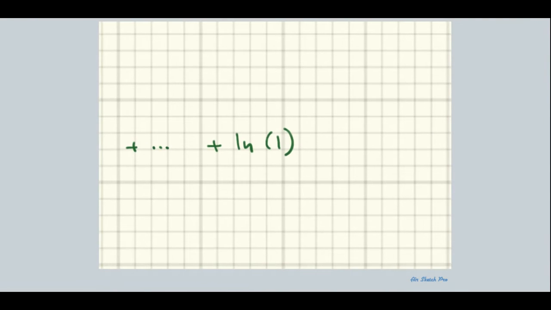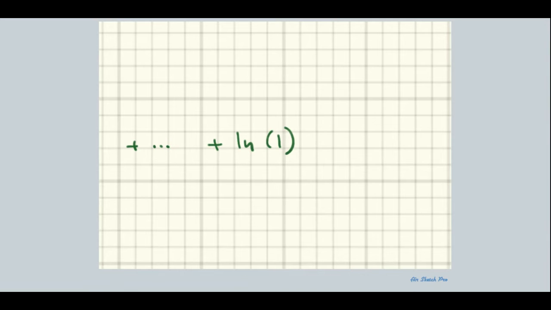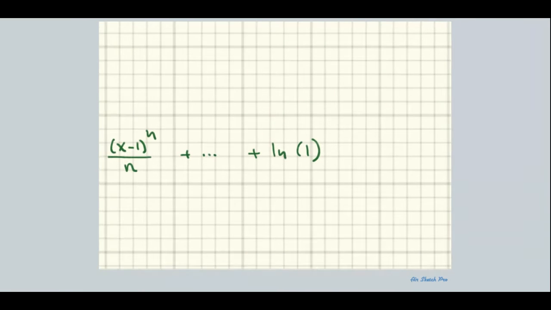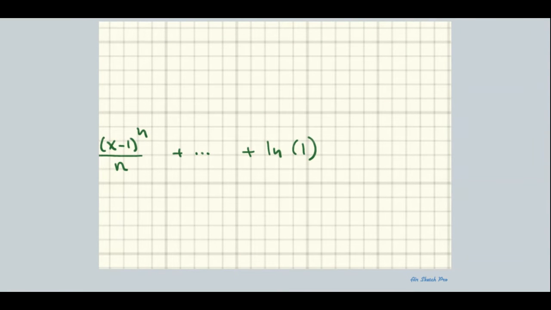Also remember that we did this by taking a derivative and then integrating, and when we integrated, we ended up with a constant of integration. By plugging in 1, because we had x minus 1 powers, we were able to see that the constant of integration was the log of 1, which is nice for this one, because that just gives us 0.